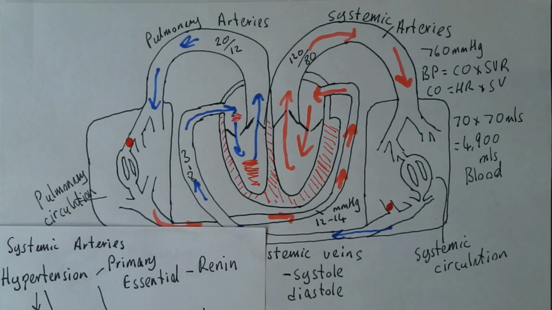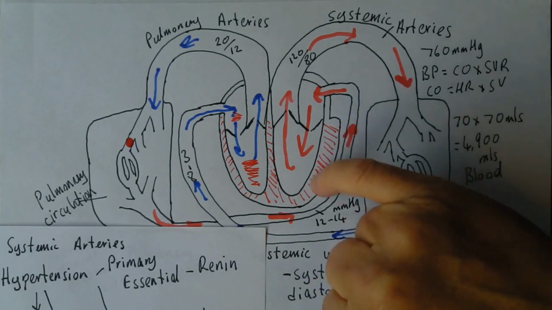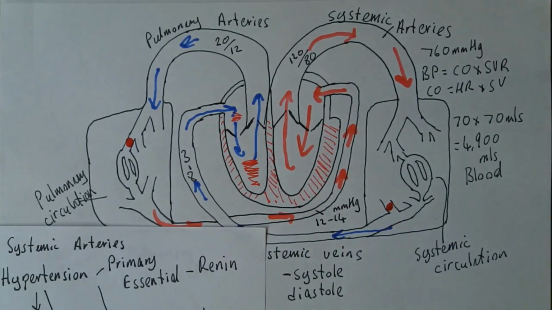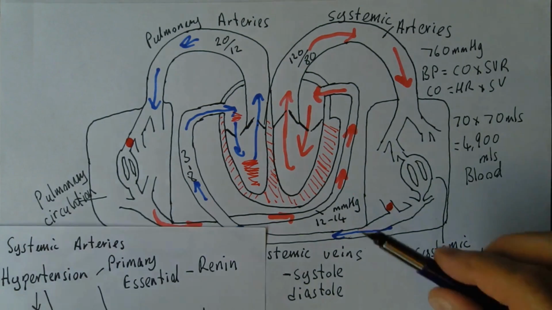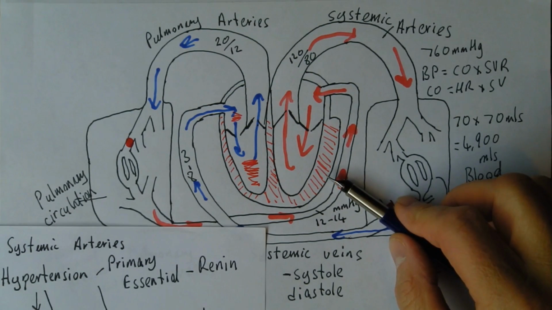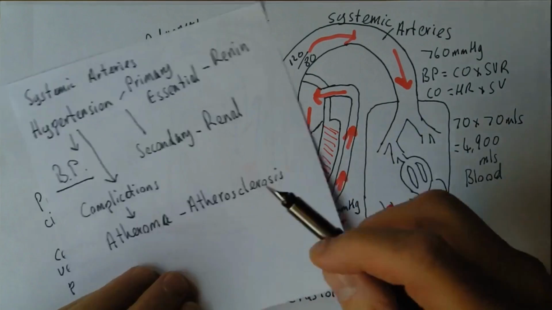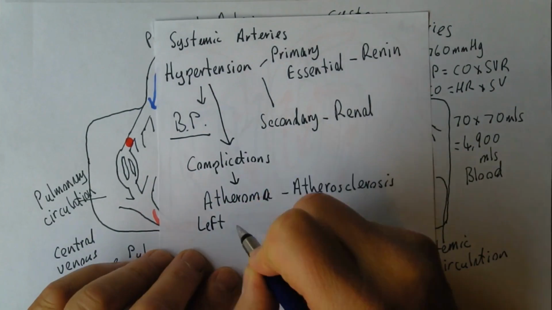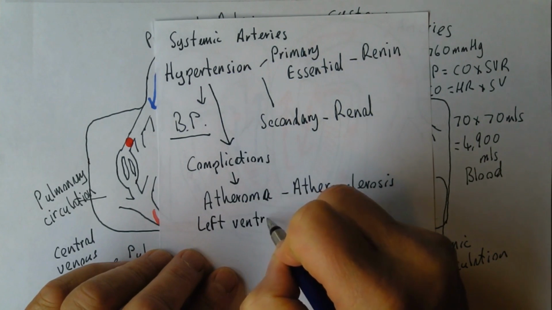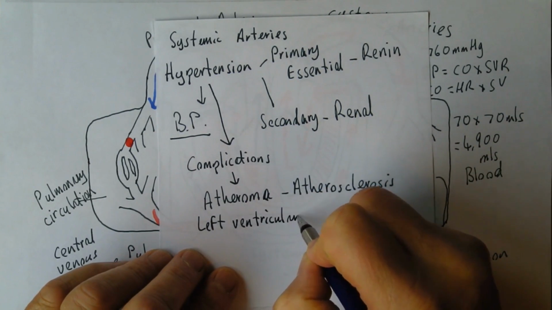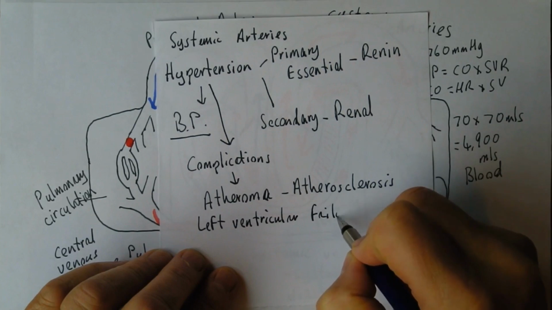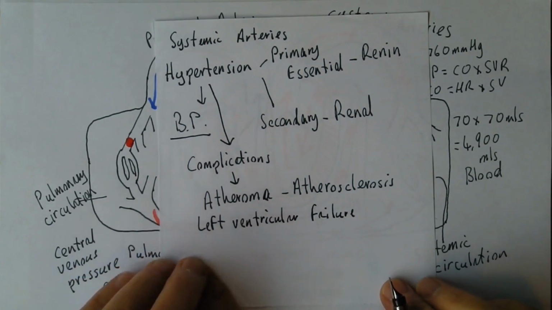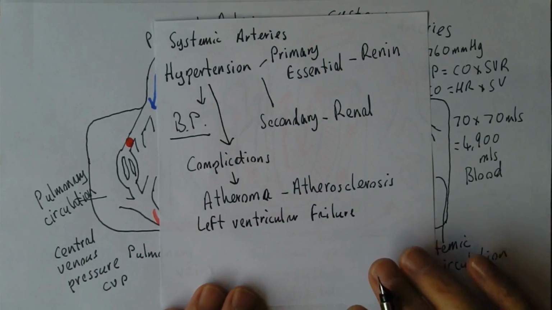And over time, well, to begin with, the left ventricular hypertrophy will compensate, but then over time, the left ventricular hypertrophy will lead to left ventricular failure. So we'll get heart failure, starting as left ventricular failure. So that will lead to heart failure.